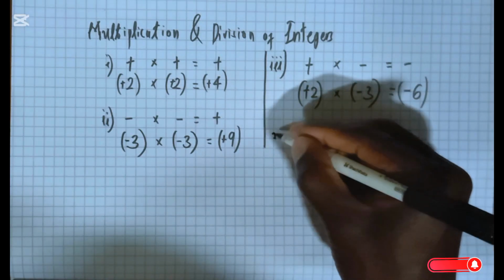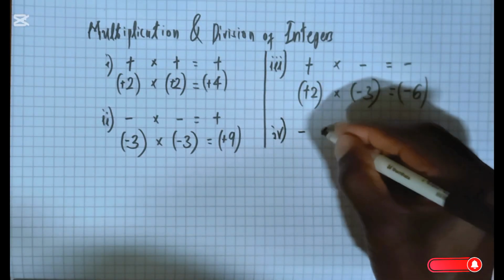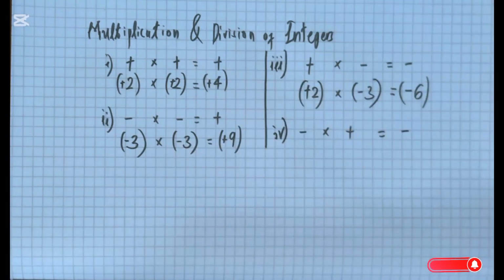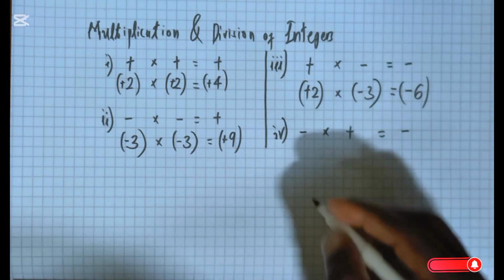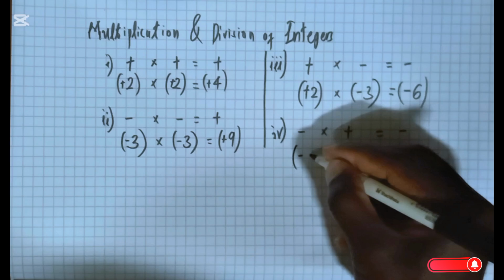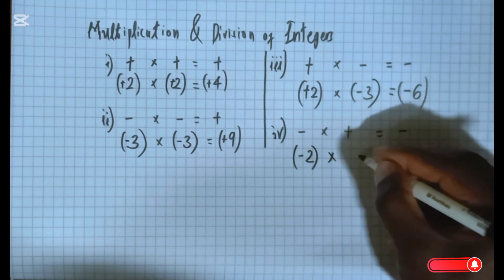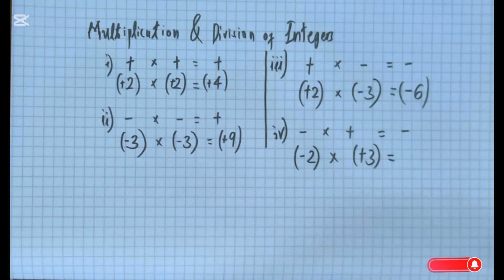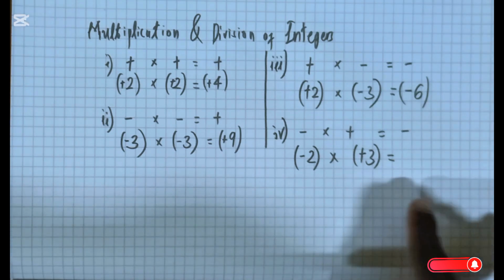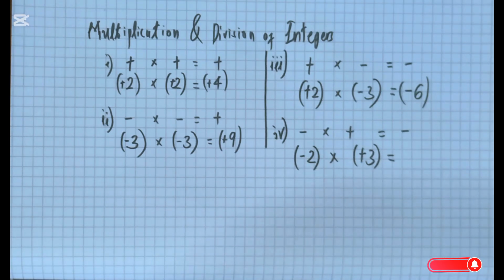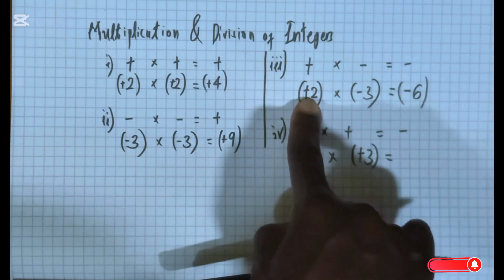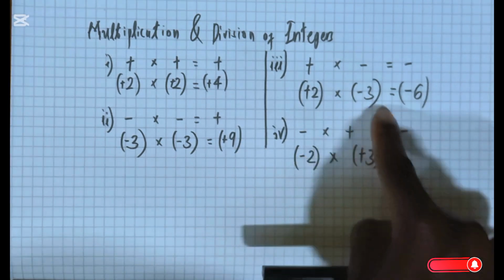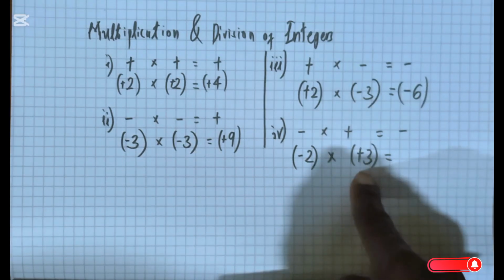And finally, anytime I have a negative number and I multiply it by a positive number, again, I'm going to get a negative product. If I take negative 2 and multiply it by positive 3 this time around, I still expect to get a negative number. See, right here we had positive 2, here we have negative 2; here we had negative 3, now we have positive 3.